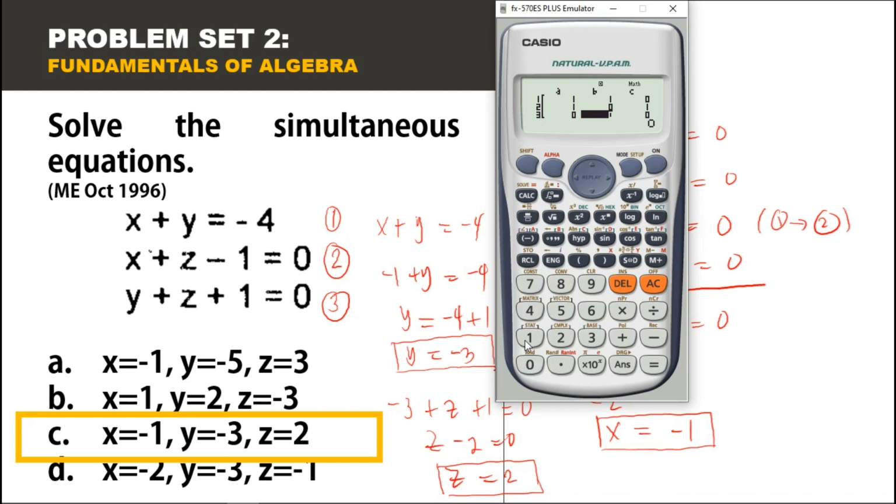For y, you have 1. For z, you have 1. When we transpose the constant to the other side, you have negative 1. And you have there the values: x is negative 1, y is negative 3, and z is 2.